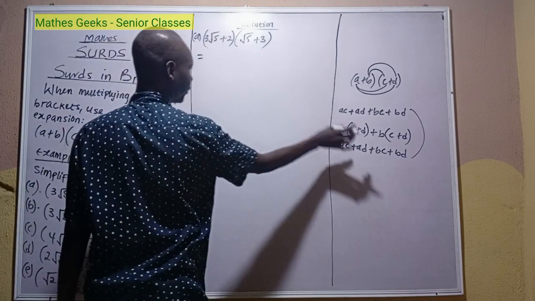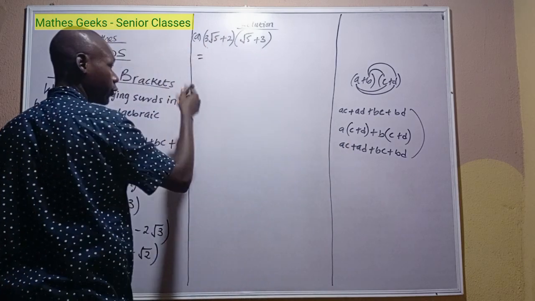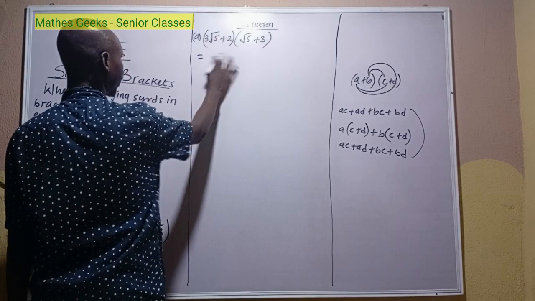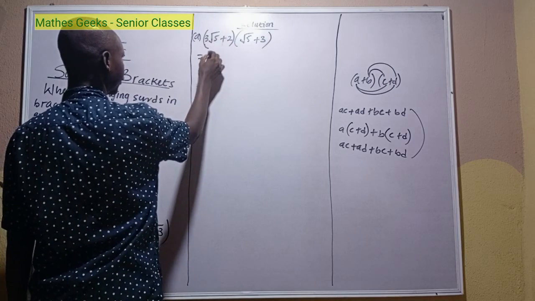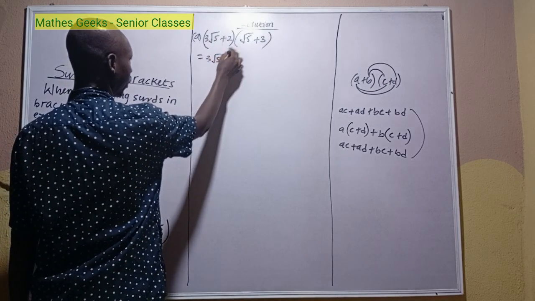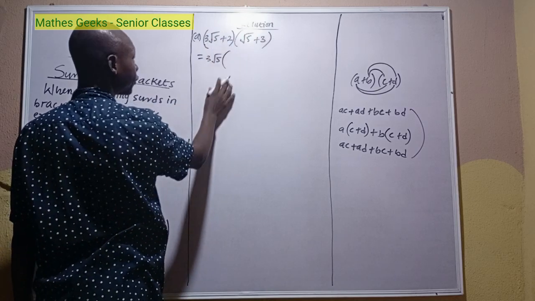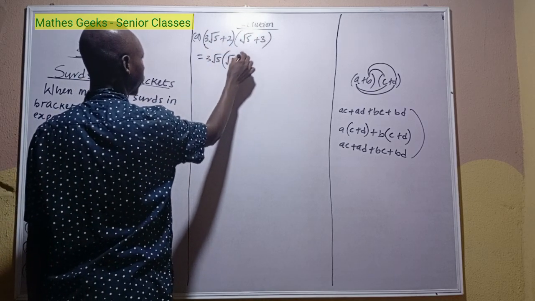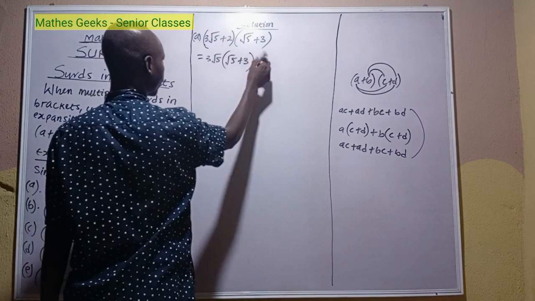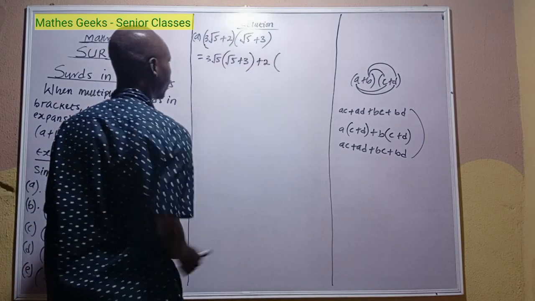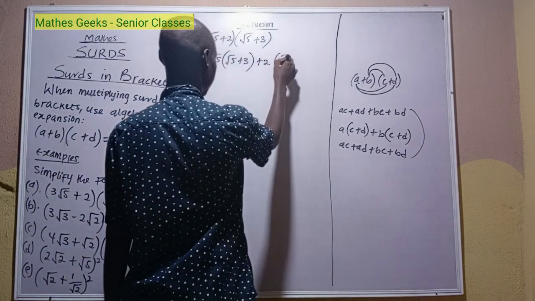I'm going to apply this method so that it is easy and clear as I go on. So 3 root 5, I'm using the first step to multiply everything in the second bracket, then plus 2 multiplies everything in the second bracket, root 5 plus 3.